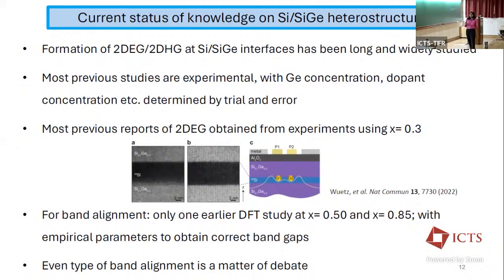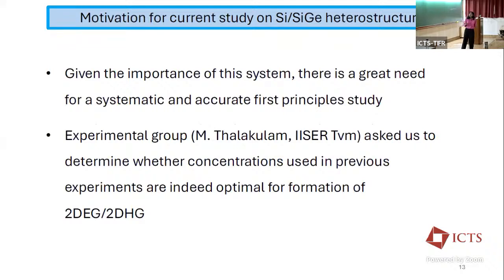And for band alignment between the two materials, there has been only one earlier DFT study to the best of our knowledge, done only for a few concentrations, and that too with some empirical parameters taken into consideration. Even the type of band alignment has been a matter of debate. So we hope to solve some of these problems.